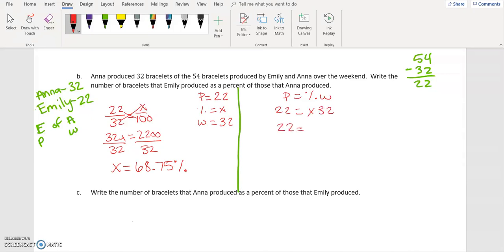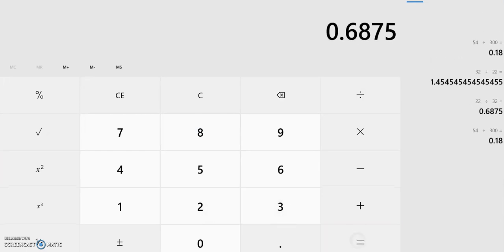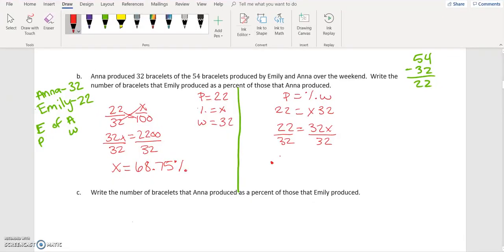I'm going to rewrite this just to flip it around a little bit and divide both sides by 32. 22 divided by 32 gives me 0.6875, is equal to x. It doesn't look like the left side though because it was a decimal, so we need to take that decimal and move it 2 places to the right.